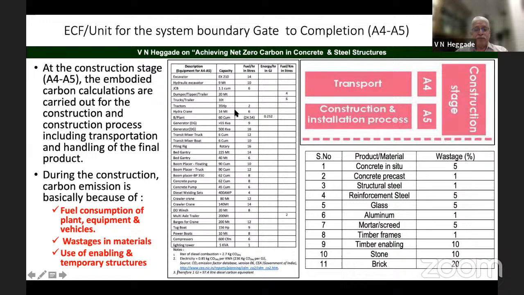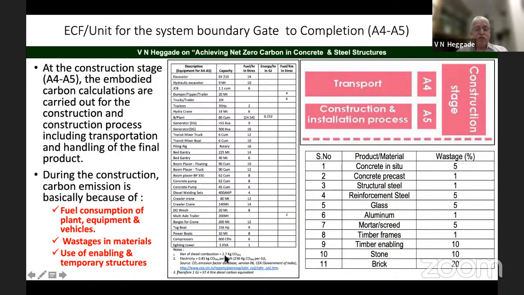So you have got some carbon factor for burning fuel, for example, for running this generator, the DG set. Suppose it is consuming 9 liters of diesel.